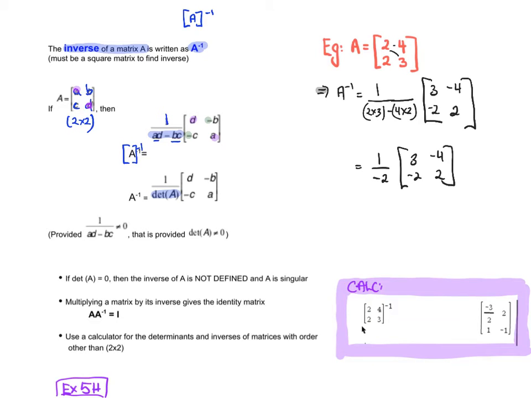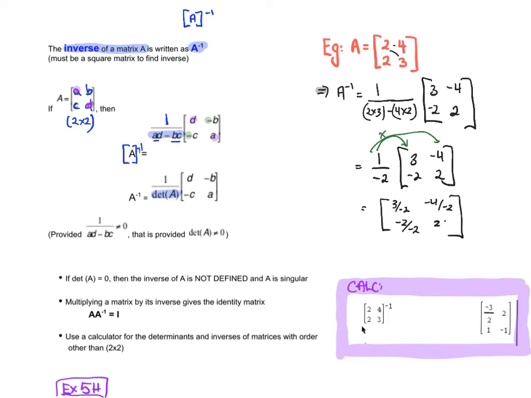All right. Now, when you have a number outside, that's like a scalar multiplication. So remember what we do? We just times everything by the negative half. So if you look at that, I would have 3 over negative 2, negative 4 over negative 2, negative 2 over negative 2.